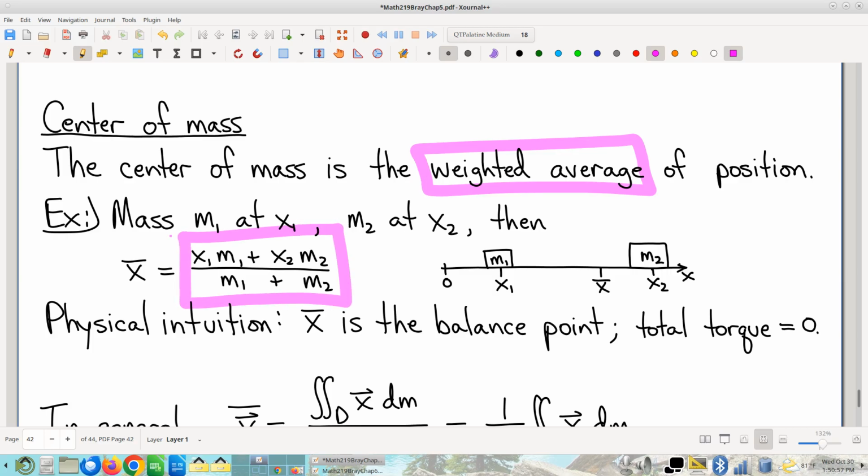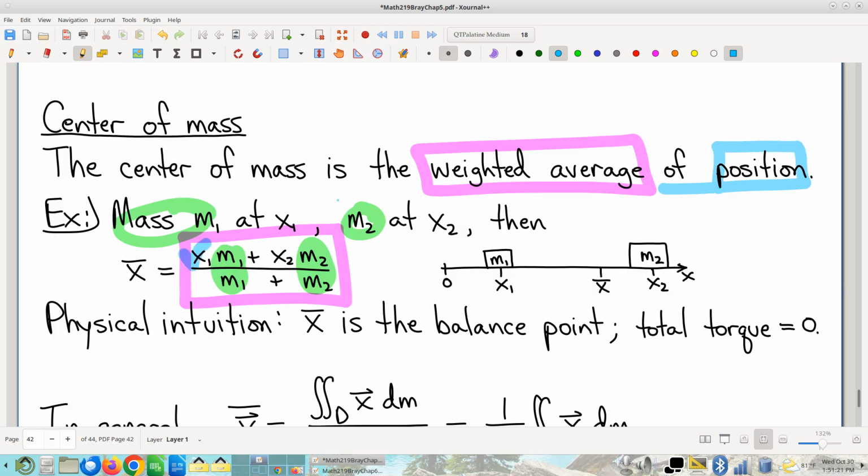That's a finite number of masses, just two masses here. We don't need to write sigmas or integrals or anything like that. Just there's two masses, and that's our formula for a weighted average. Obviously, we're going to use those masses as the weights. And we're taking a weighted average of position.